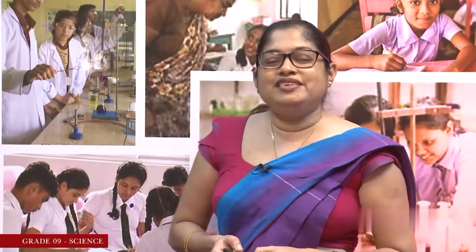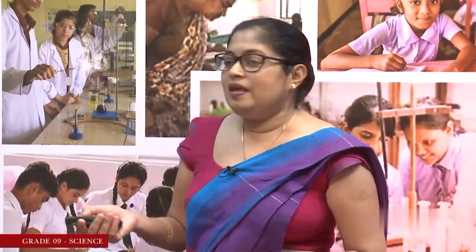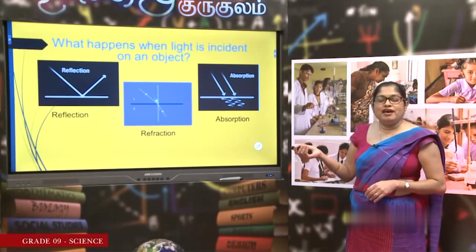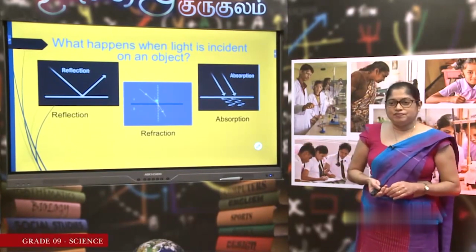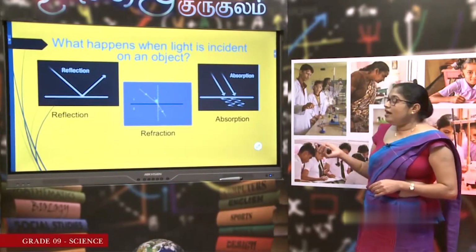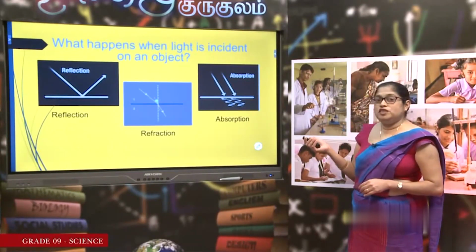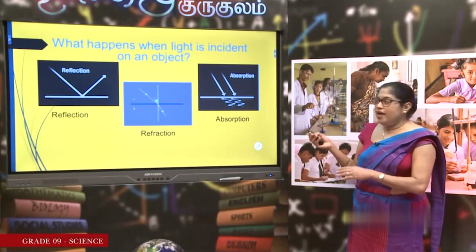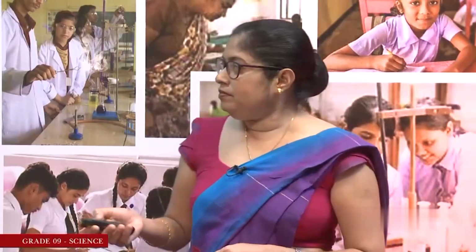And if the object is transparent, light is transmitted through it. That is, light passes through the object and goes out of it on the other side. When light is absorbed by the object, light is not reflected or transmitted, but it remains inside the object itself.